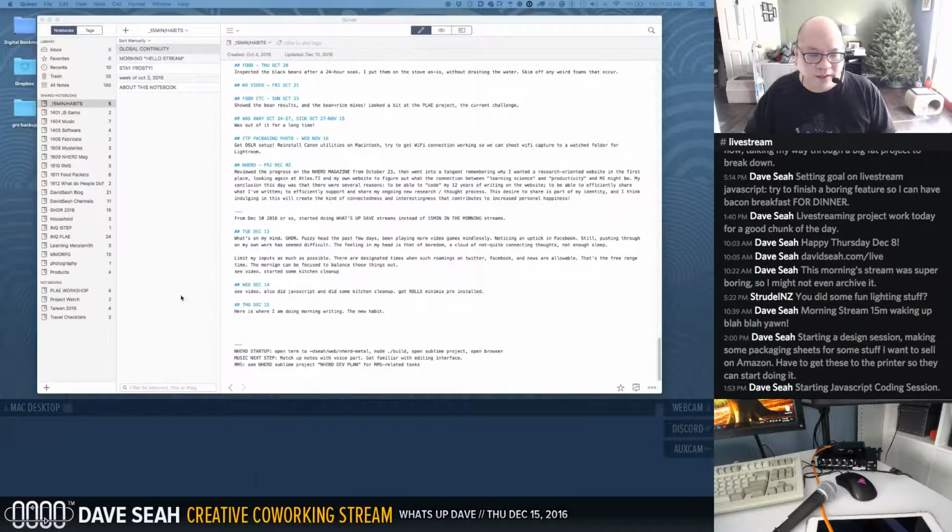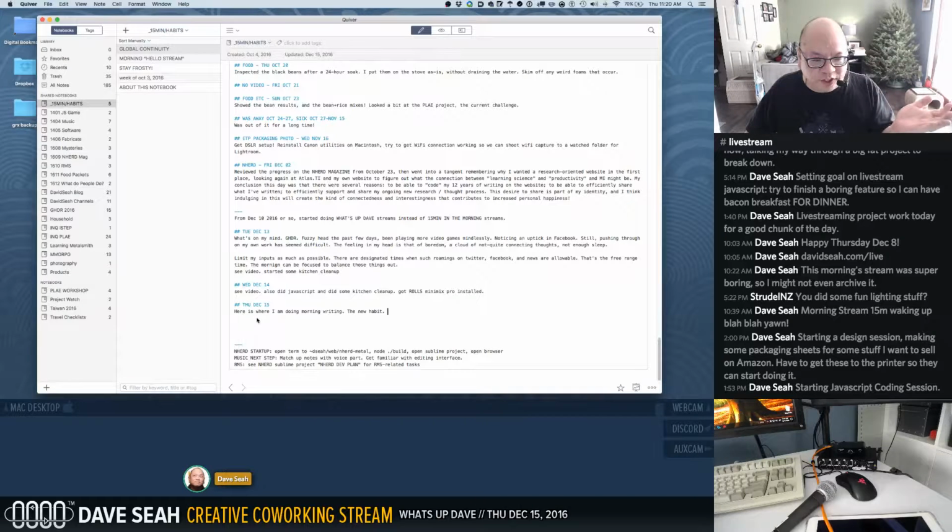I'm trying to shift to measurement, so I'm getting back into writing more in my journal. I think this is going to be more important. These 15-minute streams now provide the continuity of what I'm talking about during the day. This is just getting my mind working, and doing a little bit of initial writing, because I find that writing helps me establish some clarity for the day.